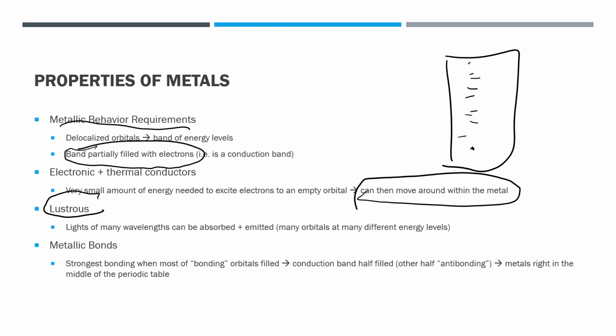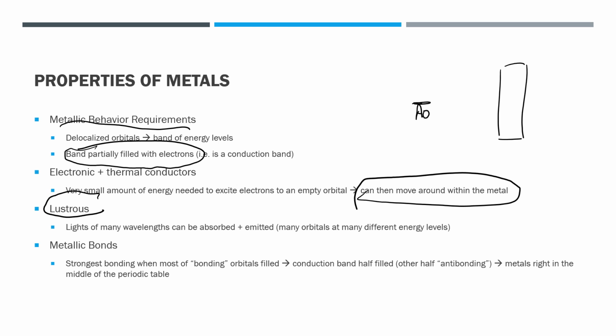Finally, let's reason the strength of metallic bonds. We have the strongest bonding when most of the bonding orbitals are filled, right? If we remember when we drew our bands, we have an atomic orbital that starts at some energy, and eventually we get to a band like this when we have a ton of these different atomic orbitals coming together.